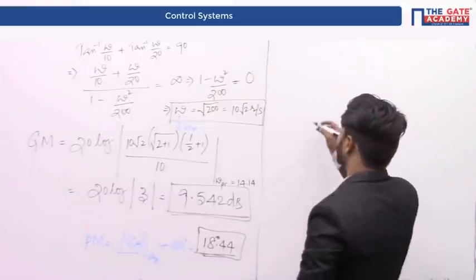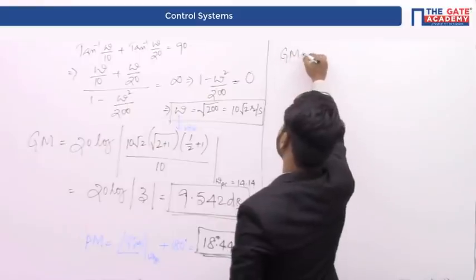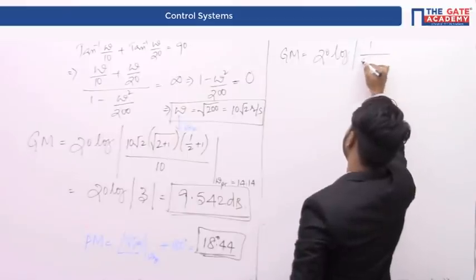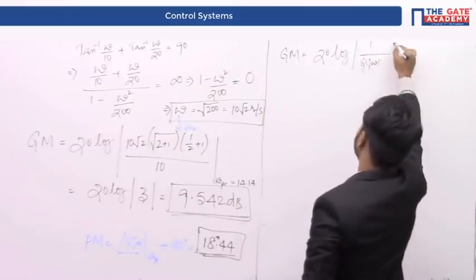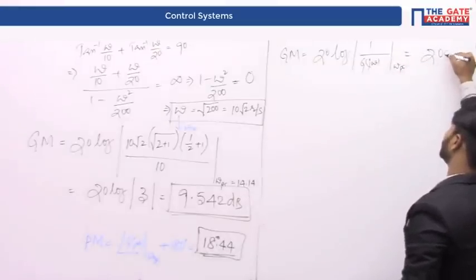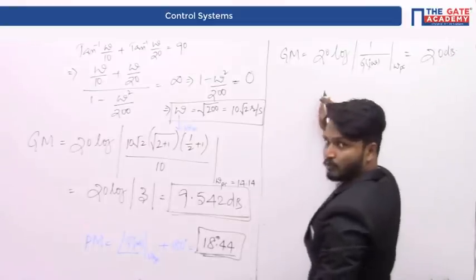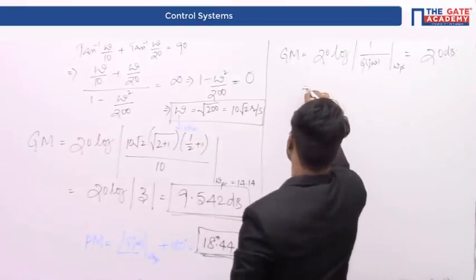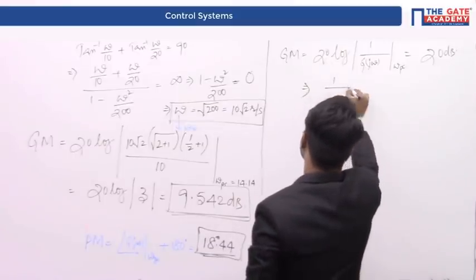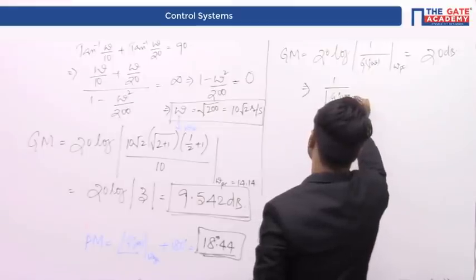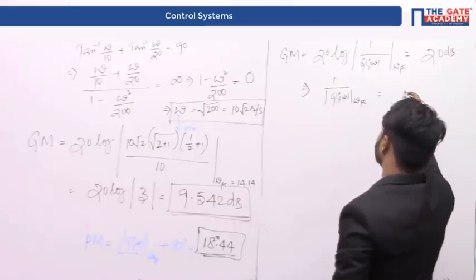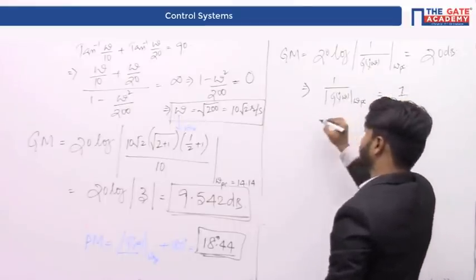If the gain margin is 20 decibels, gain margin is equal to 20 log modulus of 1 by gain of G of j omega at omega is equal to omega PC. This is 20 decibels. This implies, if this is equal to 20 decibels, then 1 by modulus of G of j omega at omega PC, that is phase crossover frequency, is equal to 1.